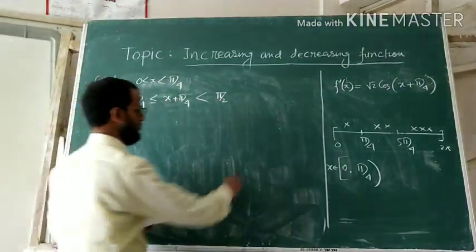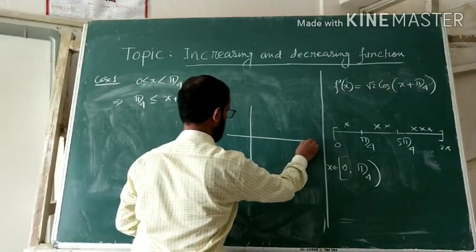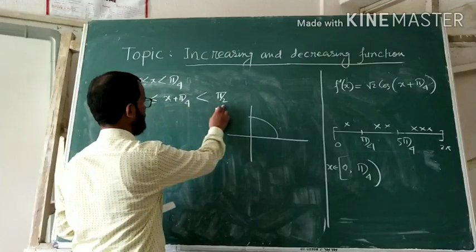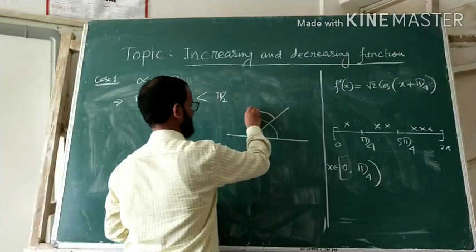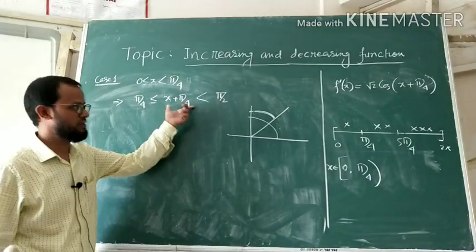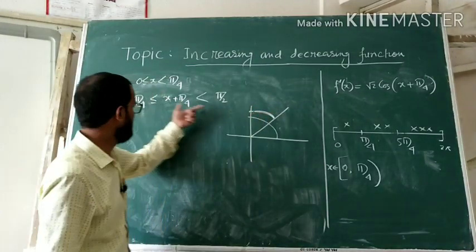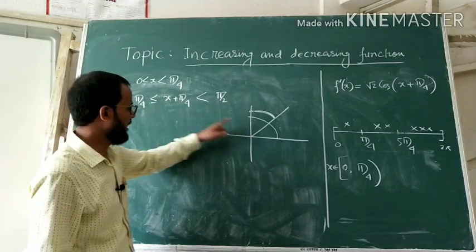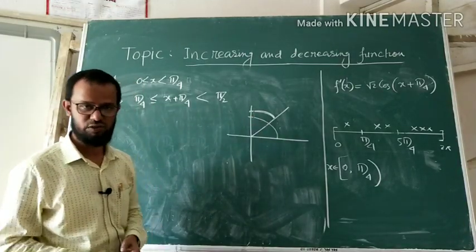Going to the quadrant rule, this is the region, pi by 4 to pi by 2, where the angle x plus pi by 4 lies. Since x plus pi by 4 lies in this range, it lies in the first quadrant.